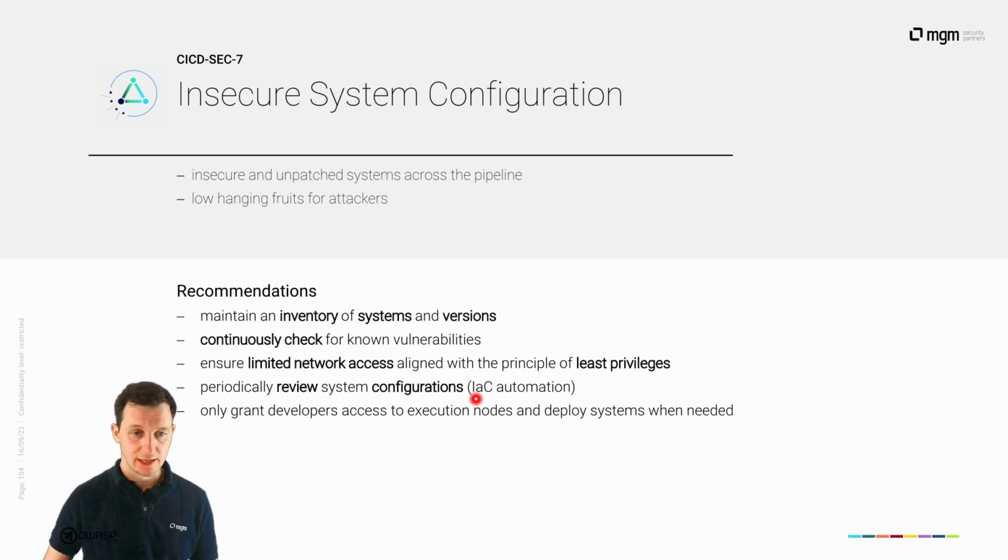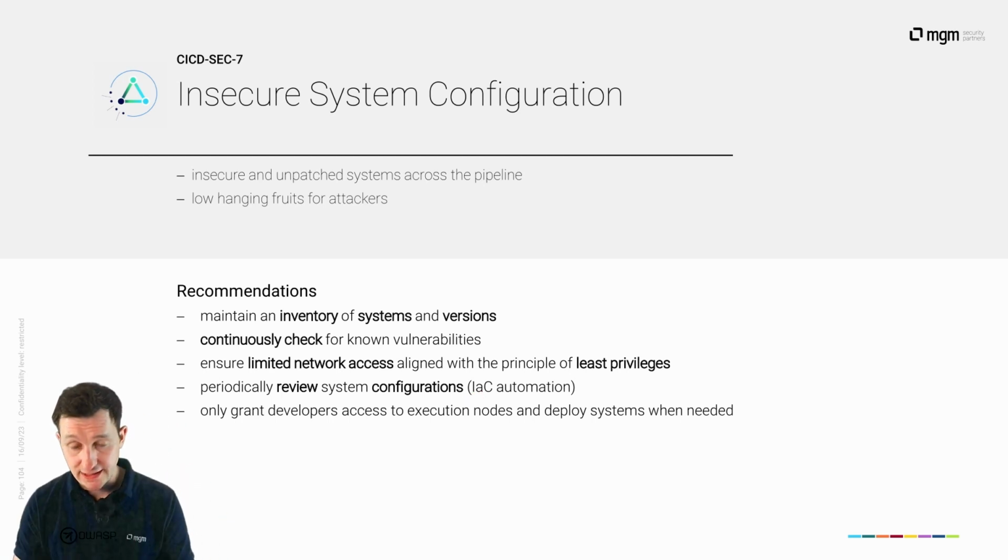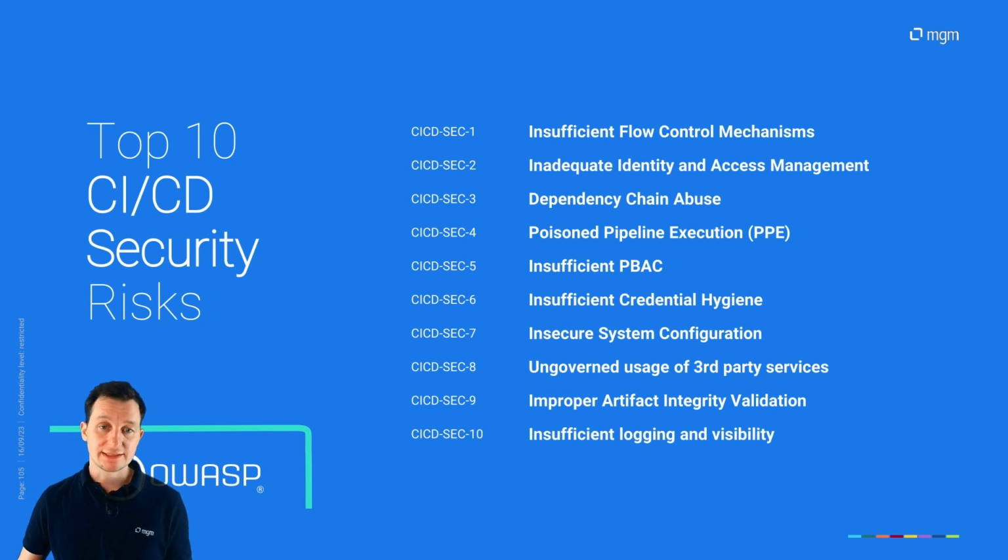Okay. So once again, what we learned so far: we had these 10 CI/CD security risks. We covered all of them. Sorry that it is such a long talk. With some examples, what you should have now is a very good, or at least a broad, overview of all the possible risks you could be faced with in a CI/CD pipeline.